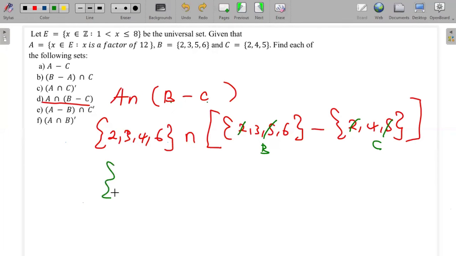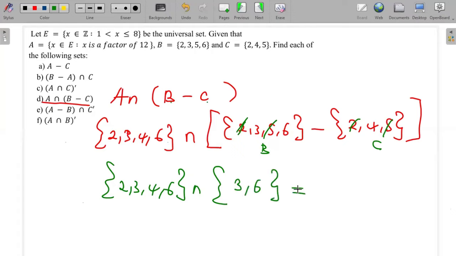Right, so what I'm going to have now is 2, 3, 4, and then 6, intersection. So from this set B, if I remove the 5 and the 2, I'll remain with 3 and 6. Now what is the intersection of this set A and this guy here? The intersection will just be 3 and 6, and that will be the answer there.